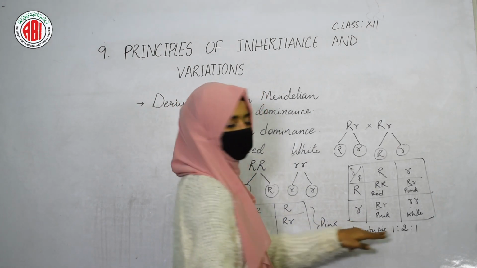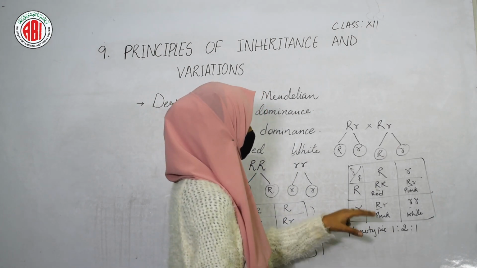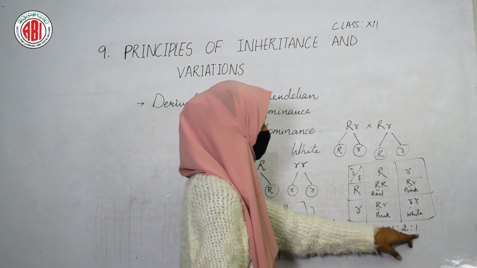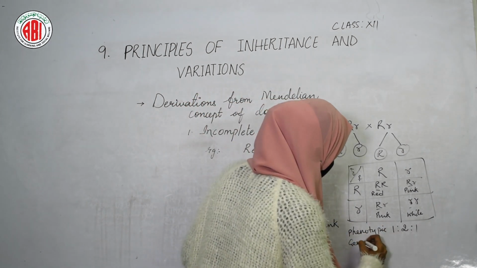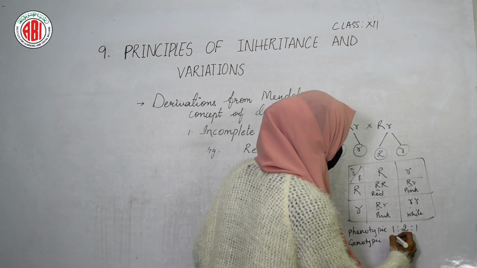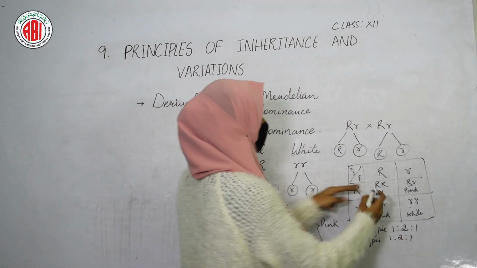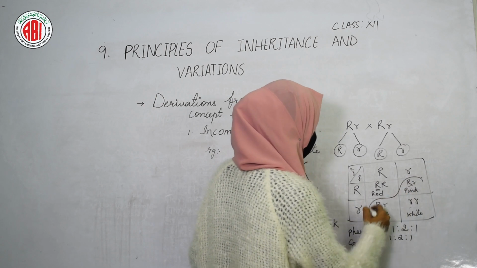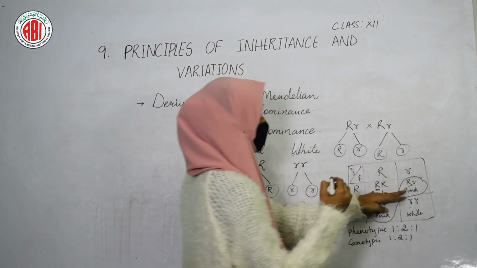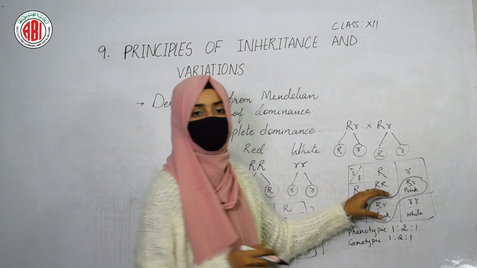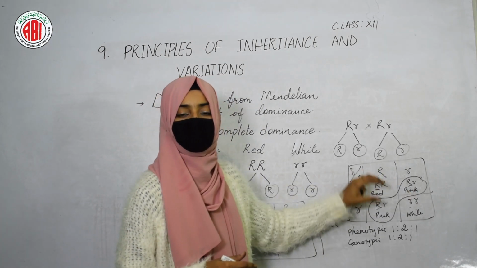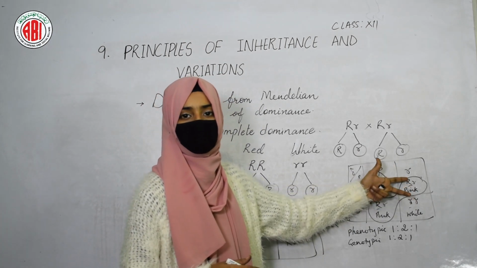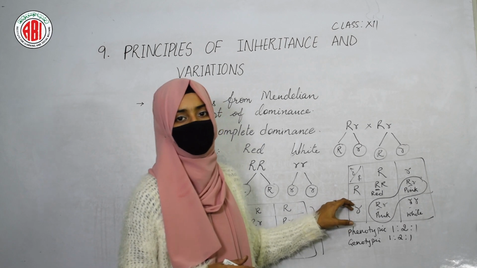So the phenotypic ratio of this cross is 1:2:1 and the genotypic ratio is also 1:2:1, because here one is homozygous red, two are heterozygous, which, because of the incomplete dominance, neither express the dominant character nor the recessive character.